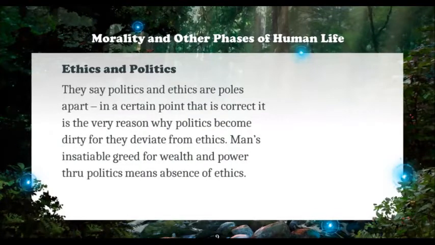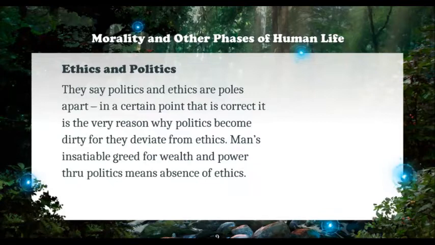Okay, so how about ethics and politics? They say politics and ethics are poles apart, meaning they are completely opposite or different. At a certain point, it is correct, because it is the very reason why politics becomes dirty, for they deviate from ethics.